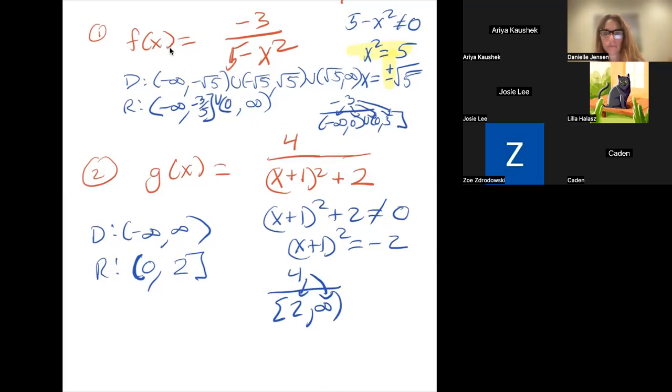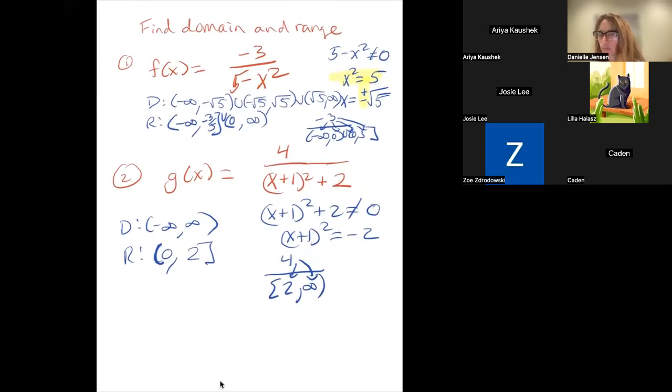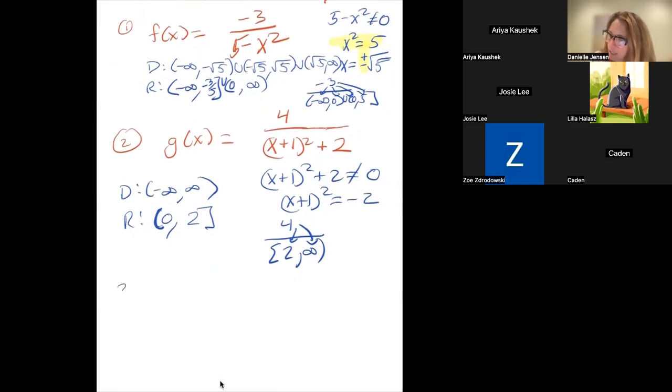Can you give a few practice problems where the domain or the range has an absolute value? Is this for finding the domain and range? Okay, so let's do another. Let's do h of x equals, let me do 2 types.